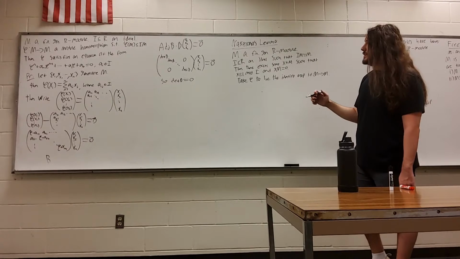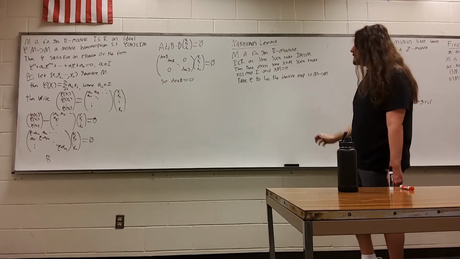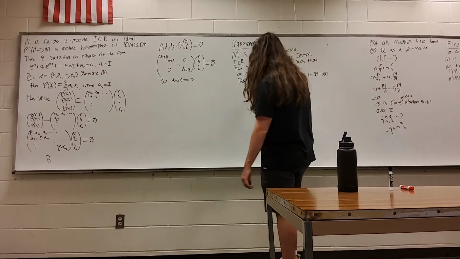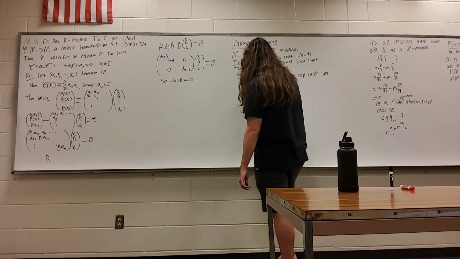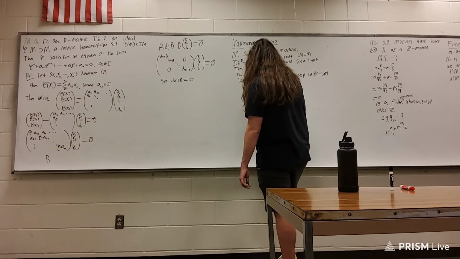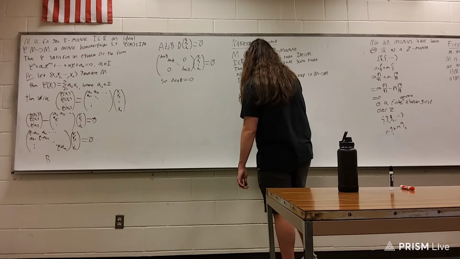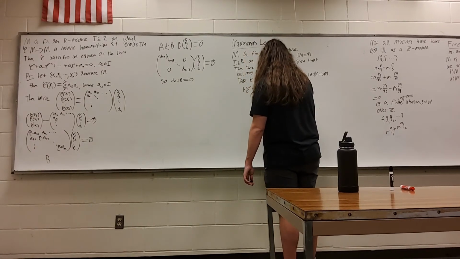Then that gives us some equation like that where we're going to have, all right, 1 times phi to the n plus a0.